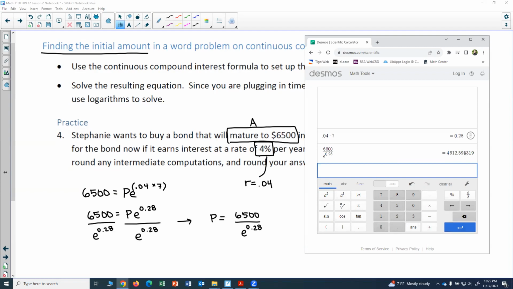They say round to the nearest cent, so that would be 2 decimal places, $4,912.59.